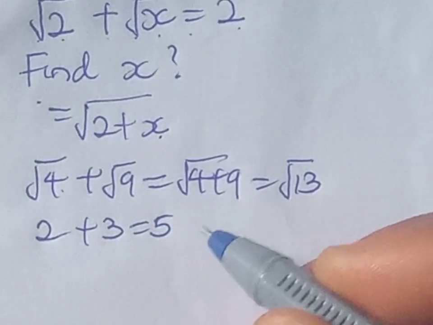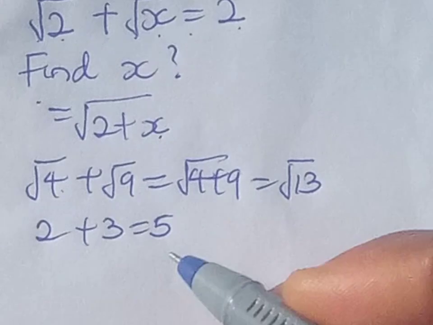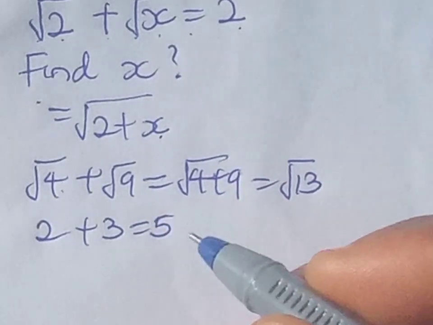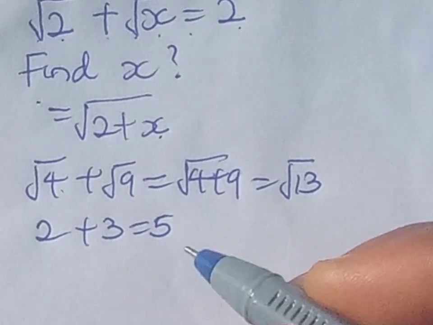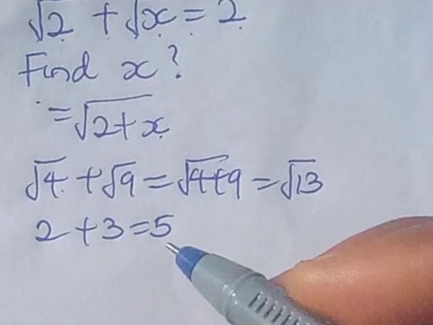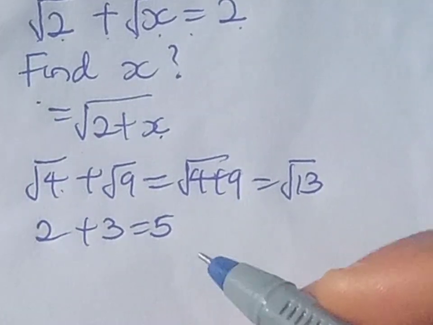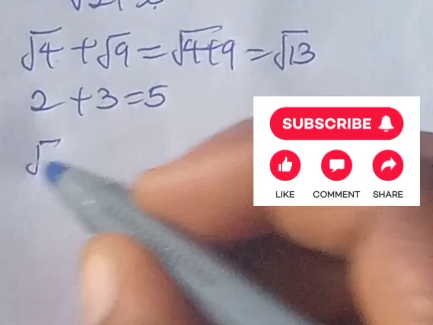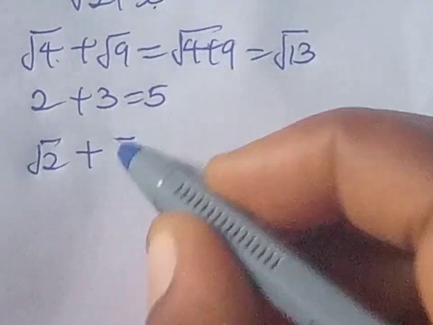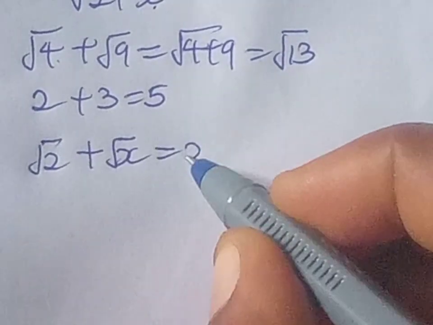Now let's solve it step by step, because this question requires careful algebra. The first thing is, whenever you want to solve this type of question, you have to understand what the equation is all about. Now we are given square root of 2 plus square root of x equals 2.